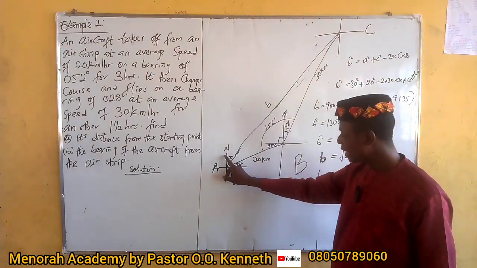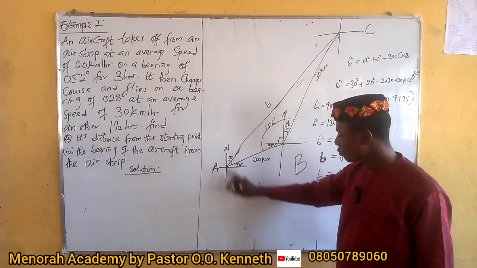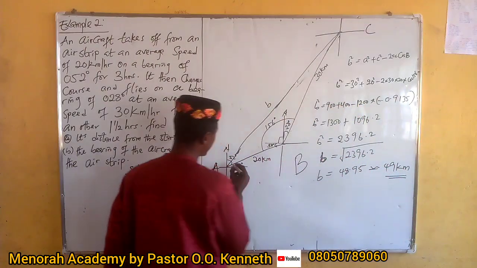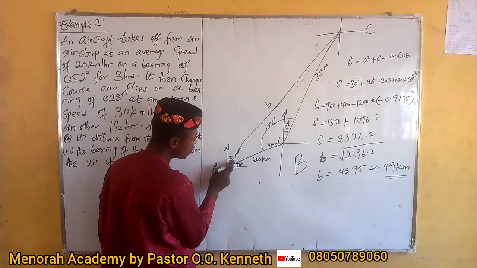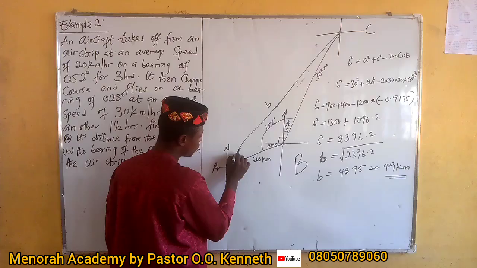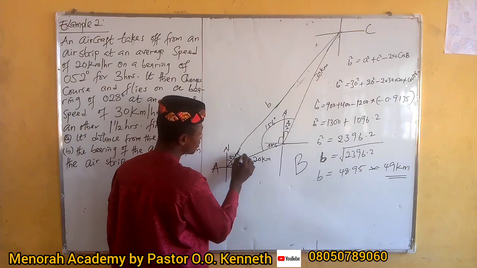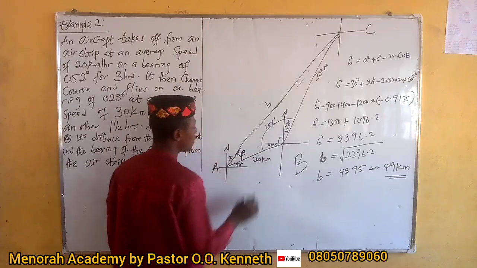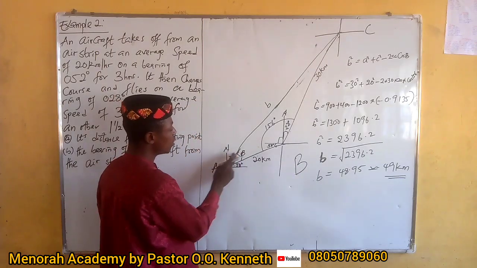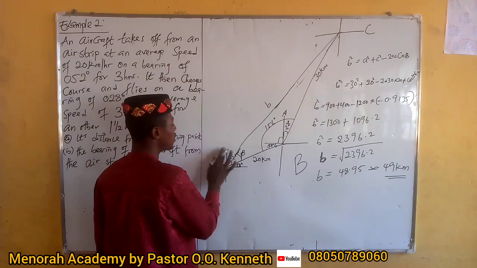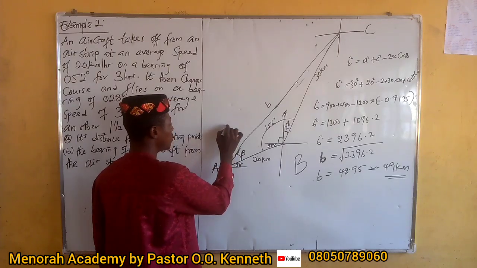So the bearing will be 52 minus this small angle here. That means we need to find this angle first. Let's call this angle beta.